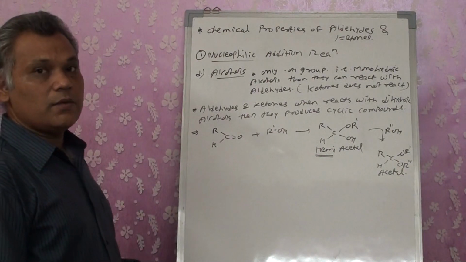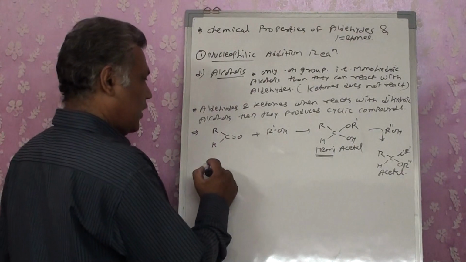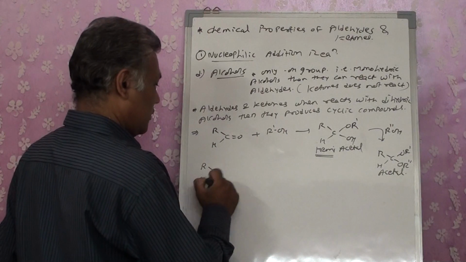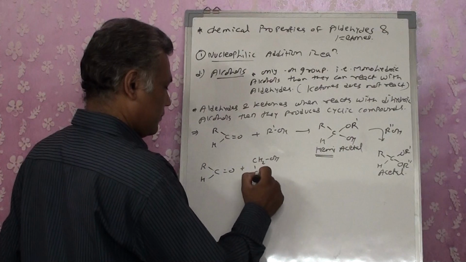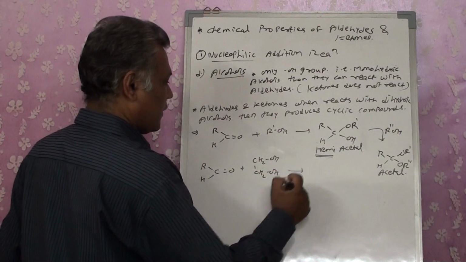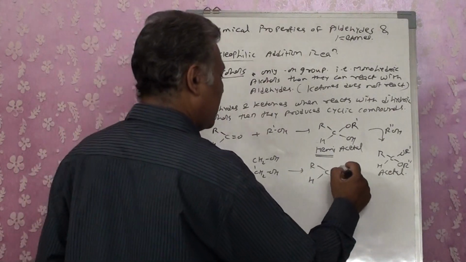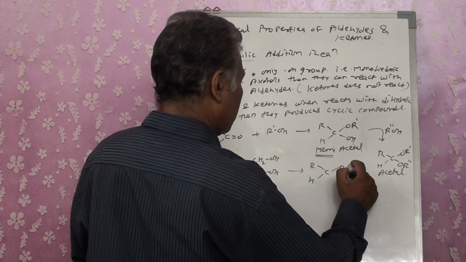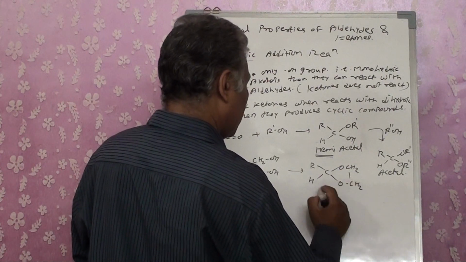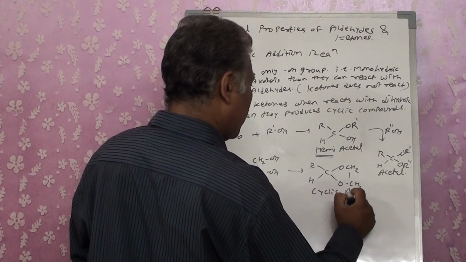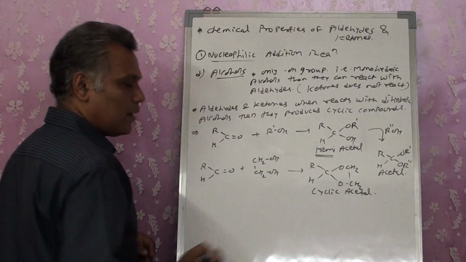But this is a monohydric alcohol, so that can react only with aldehydes. If we take dihydric alcohols, then with a single reaction they get converted into cyclic ketals. This is a cyclic acetal, because here you have an aldehyde group.